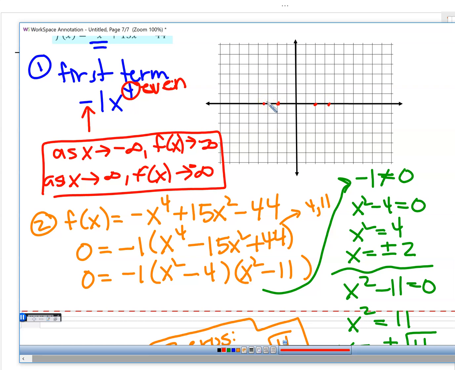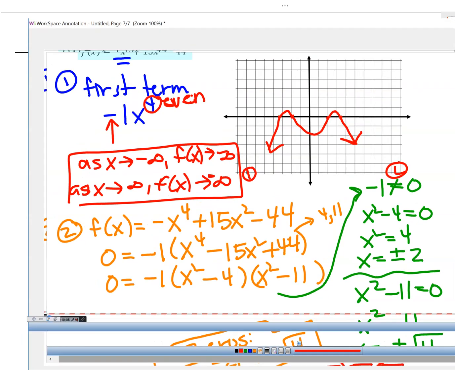My end behaviors are both to negative infinity on the left and the right. There's no multiplicity, so I'm just going to start here, and the curve is just going to move smoothly through all of its zeros, and there's a sketch of our graph.